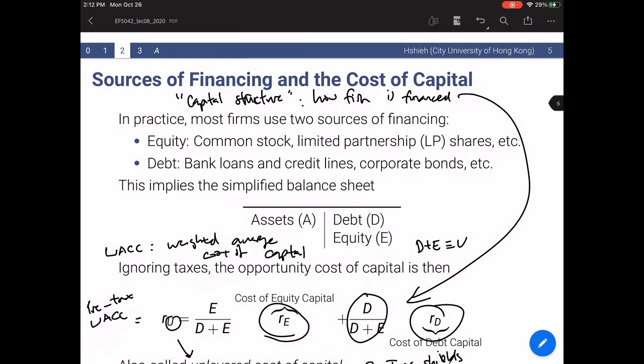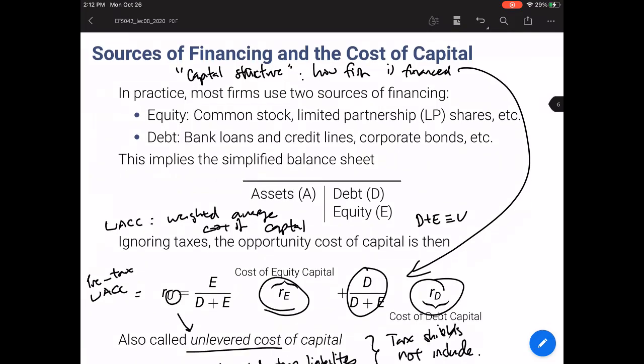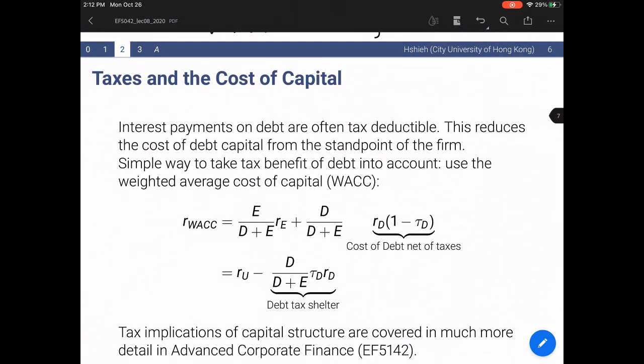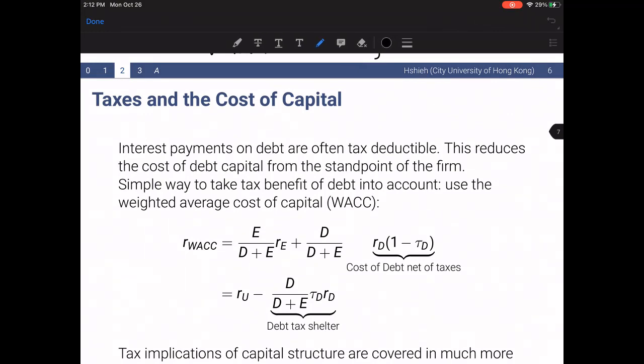All right, so let's now look at the case in which we do have taxes, and the government does provide some tax rebate from taking on leverage. Then we can readjust our pre-tax WACC to the post-tax WACC, also sometimes called the after-tax WACC.